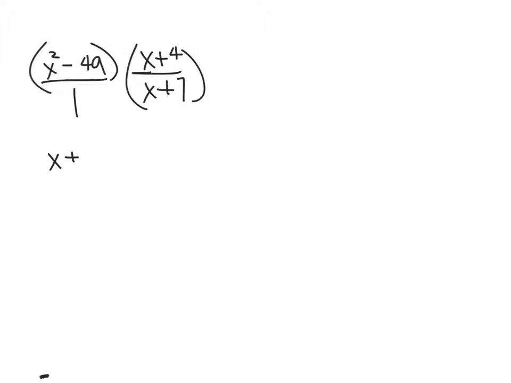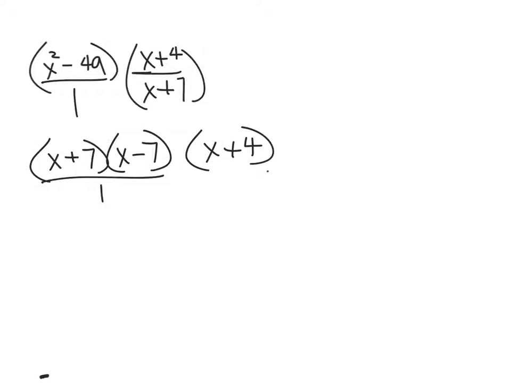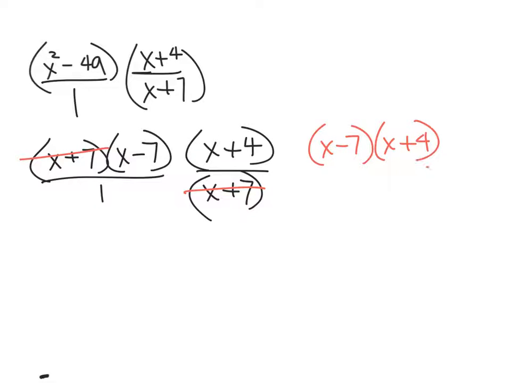So we have x plus 7, difference of 2 squares. And we end up with x minus 7, like that. And you're done there with 5.